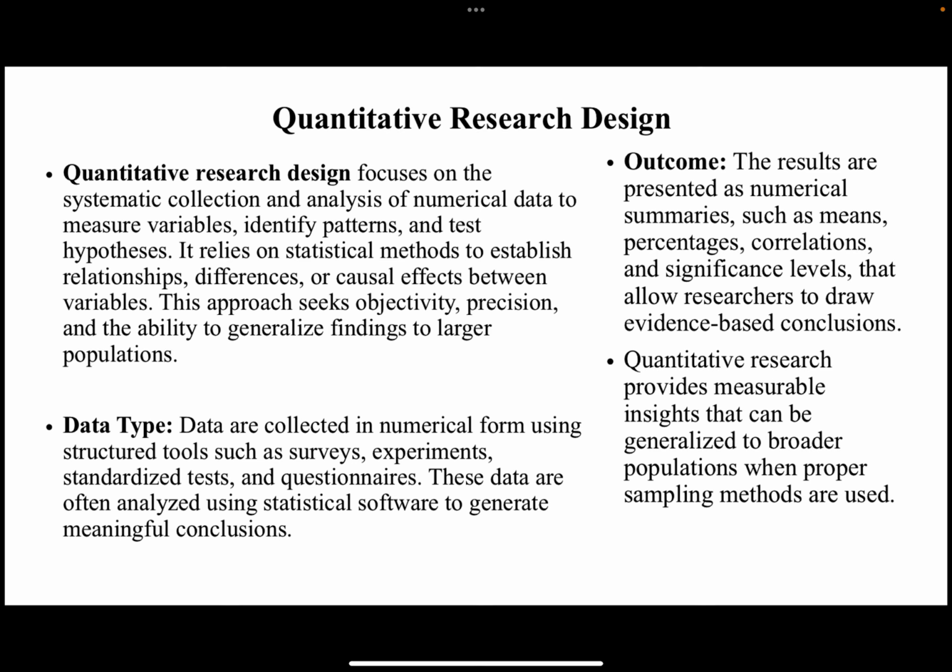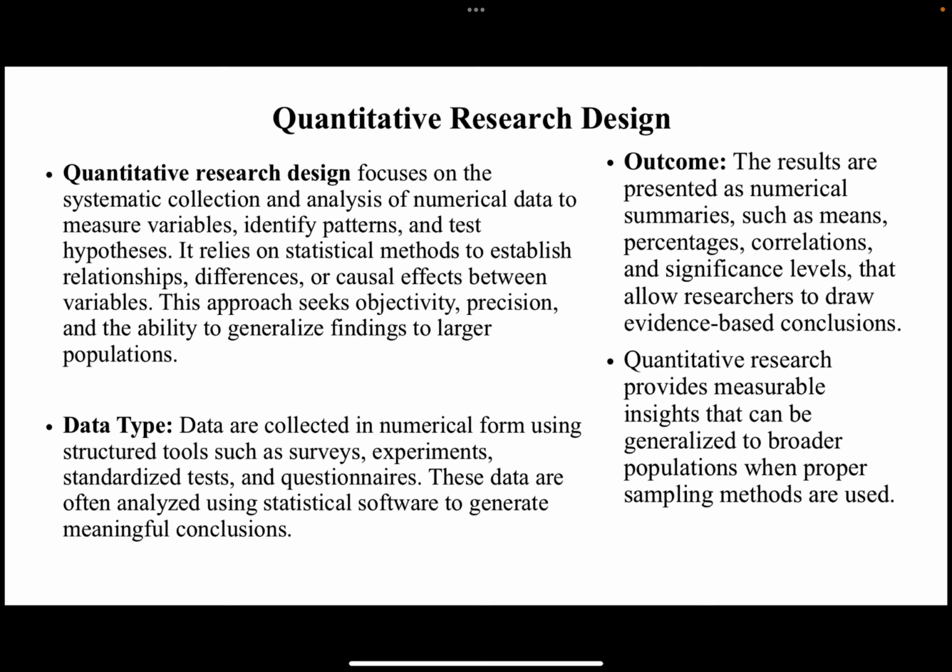Let's explain further. It relies on statistical methods to establish relationships, differences, or causal effects between variables. This approach seeks objectivity, precision, and the ability to generalize findings to a larger population.